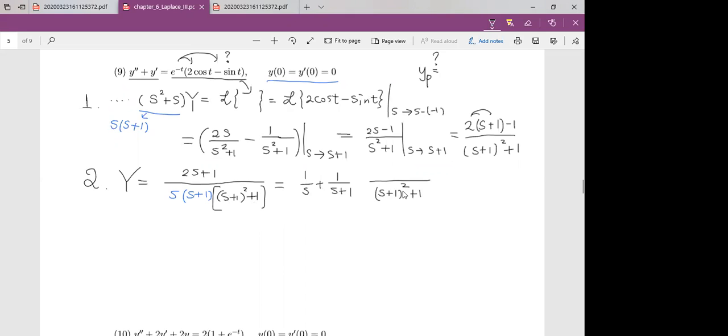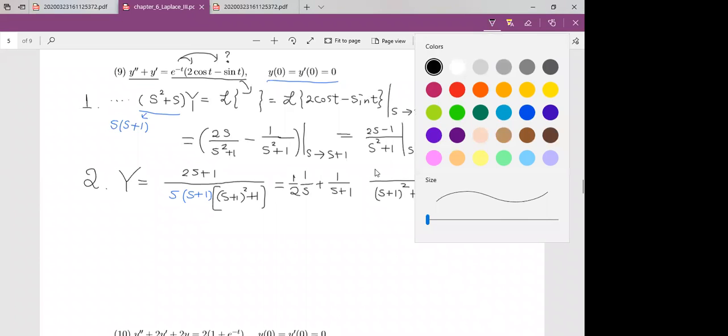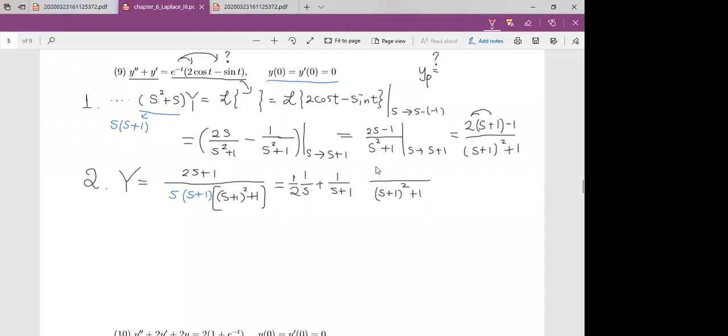So let's keep it as it is, and then some linear term. What's the decomposition? It turns out that you need 1/2, and then 1, and then minus 3 over 2, s minus 2.